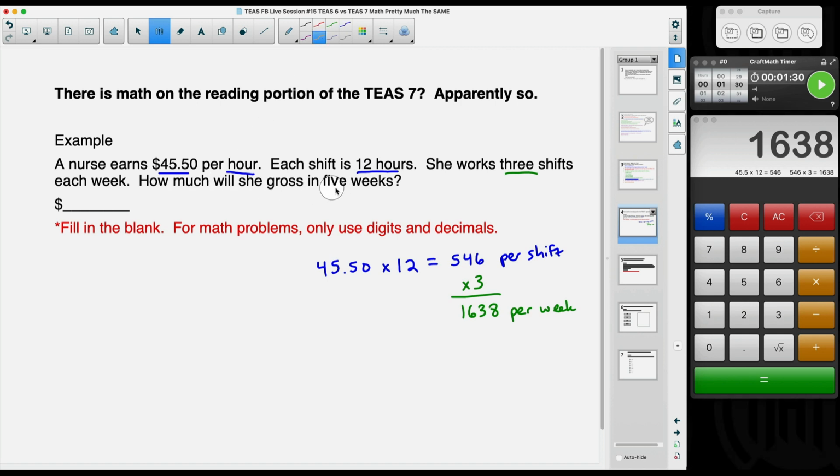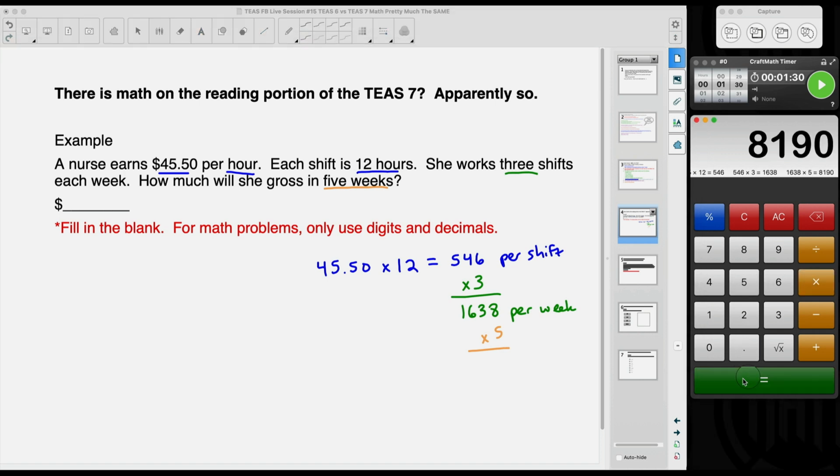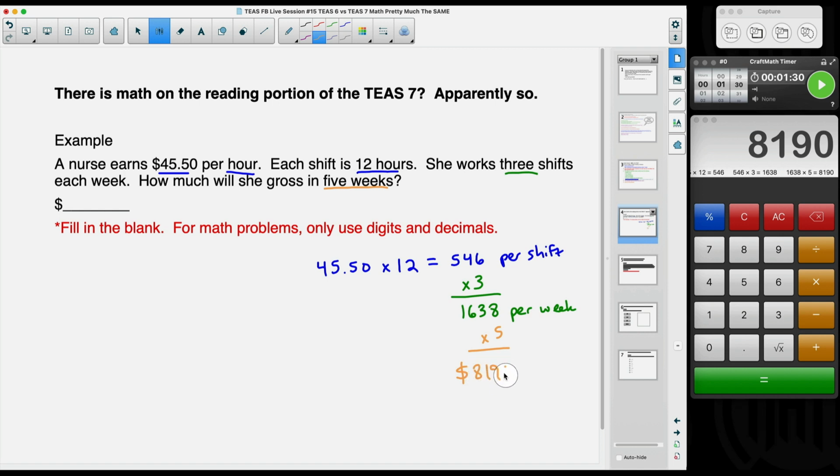How much will she gross in 5 weeks? And by the way, if you didn't know what gross means, gross is how much you make before any deductions, before taxes, before insurance. This is not her take-home pay. So let's multiply this by 5 because it's 5 weeks in all, and there is that $8,190.